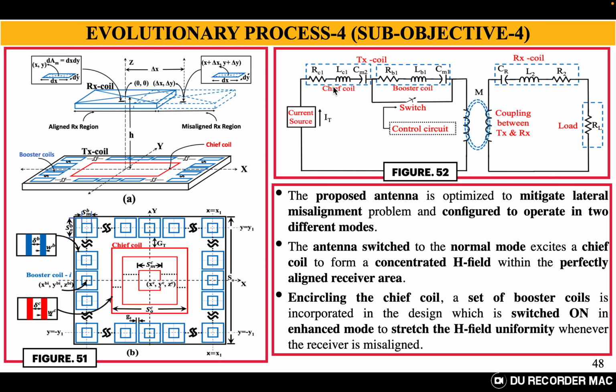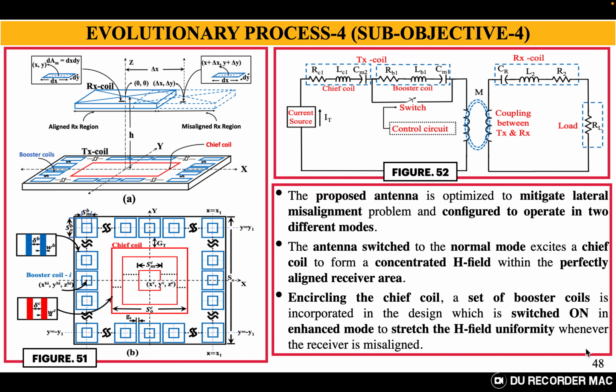That means under the perfectly aligned condition, the switch will be activated, and only the chief coil will be powered. The moment the receiver coil is misaligned, the control circuit will open the switch. Then the chief coil and booster coils will be connected in series so as to power the misaligned receiver coil. This is the idea of evolutionary process 4.